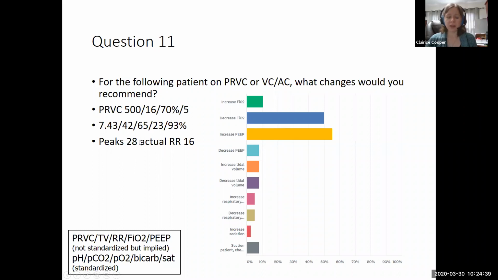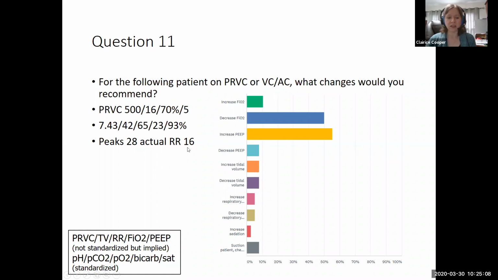Increasing their PEEP won't have too much of an effect on that, but if this patient is having an oxygenation issue, we also want to limit the barotrauma to this patient. And to do so, we might also consider decreasing their tidal volume, which will help to bring down their peak airway pressures. When we decrease their tidal volume, we may need to increase their rate to maintain adequate minute ventilation.